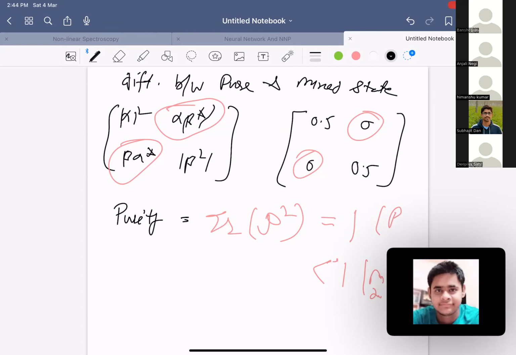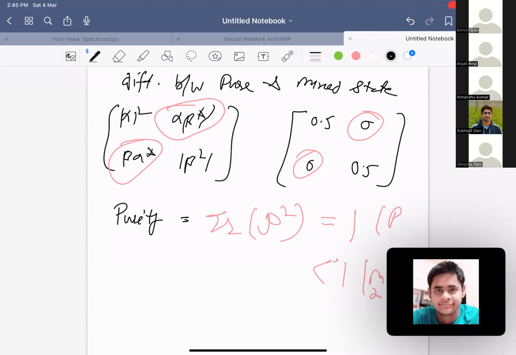Yeah, off-diagonal terms will appear, but in that case the density matrix will not be a 2 by 2 matrix. The mixed state is an ensemble average of 2 states, and a single state itself is a superposition of 2 states. So in that case the density matrix representation will be different.